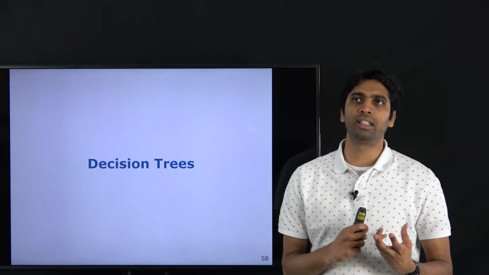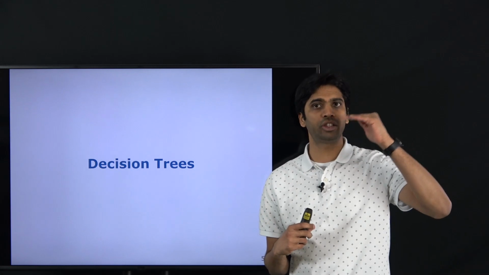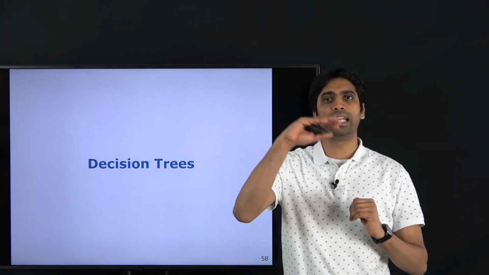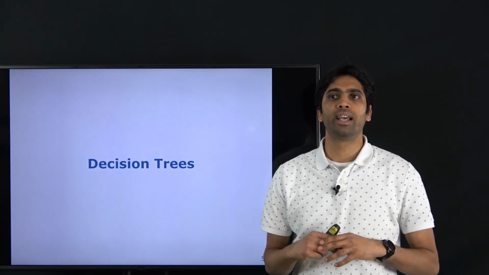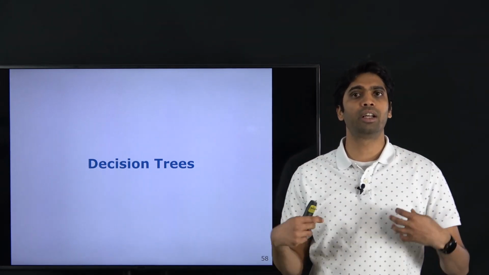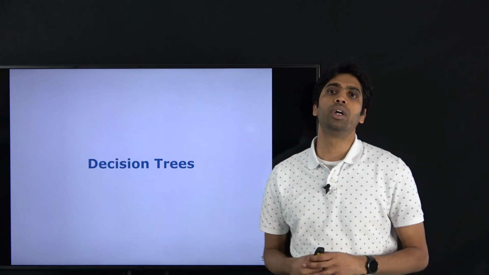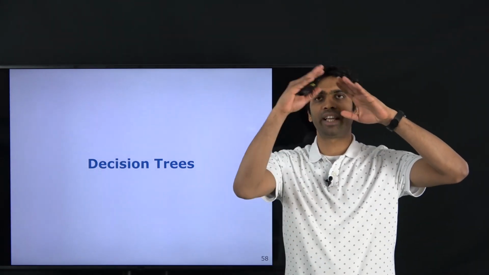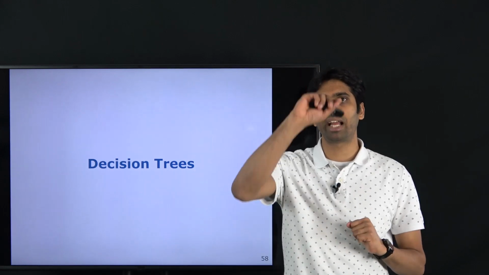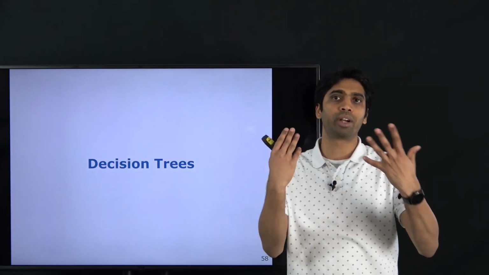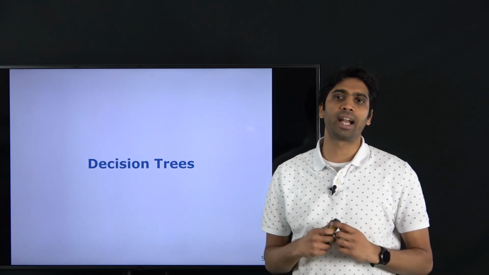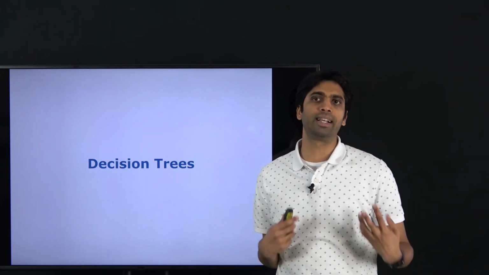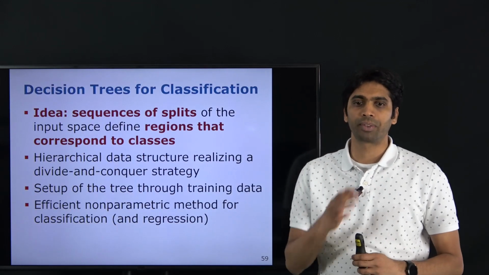Essentially, the idea is asking a series of questions, and the answers to these questions lead us to assigning a particular class for the new example. This ends up as a tree of questions, and by reaching the leaf nodes, we have the prediction for that particular example. We'll go into the details and see how this works.